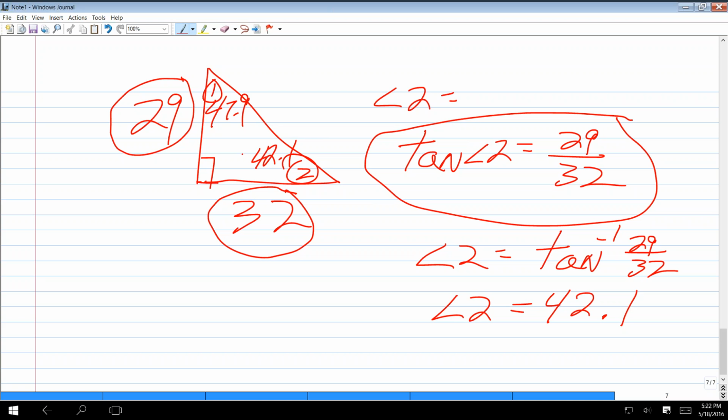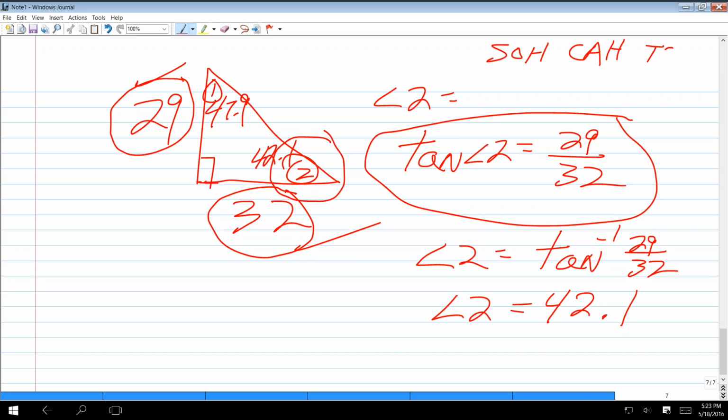What you need to know is that the trig function for that angle regarding the two values that you have is tangent. It's not sine, it's not cosine, it's tangent, because it's opposite over adjacent. In other words, you definitely need to remember your trig SOHCAHTOA.